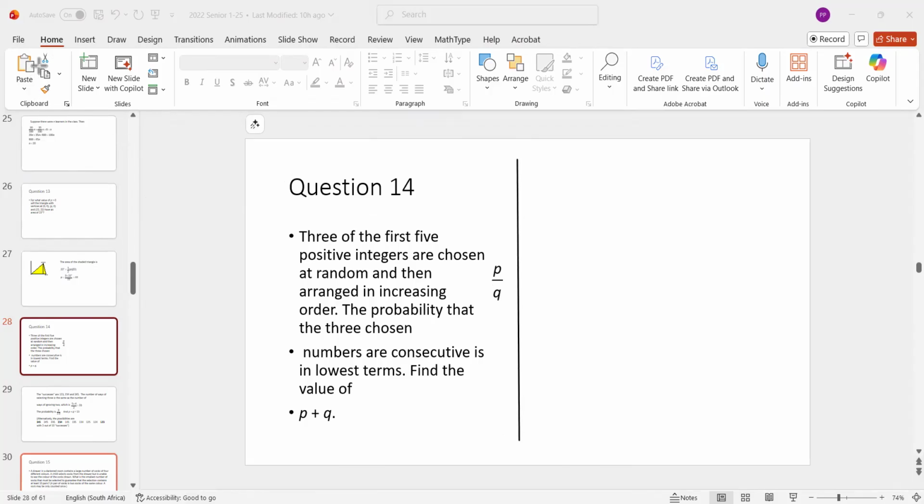Okay, let's focus on that. What is the meaning of this? Now, the first 5 positive integers are 1, 2, 3, 4, 5. Okay. Now, 3 of them are chosen at random.